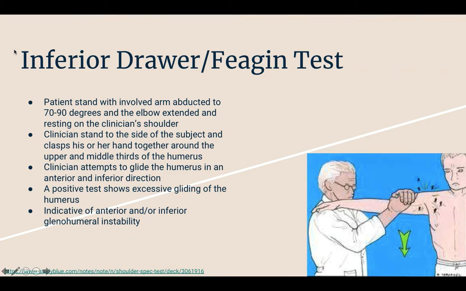The clinician then stands to the side of the patient and clasps his or her hands together around the upper middle thirds of the humerus. The clinician attempts to glide the humerus in an anterior and inferior direction. Positive tests would show excessive gliding of the humerus, and this test is indicative of anterior and inferior glenohumeral instability.